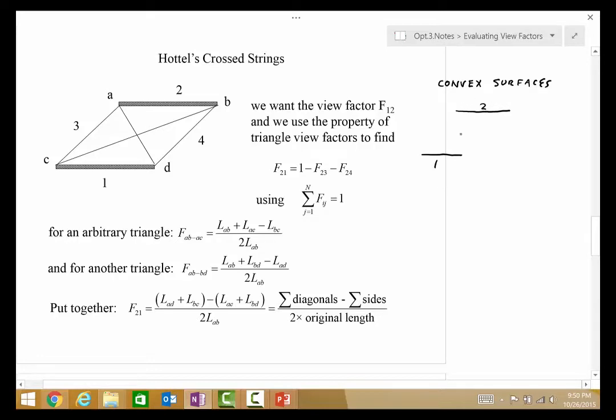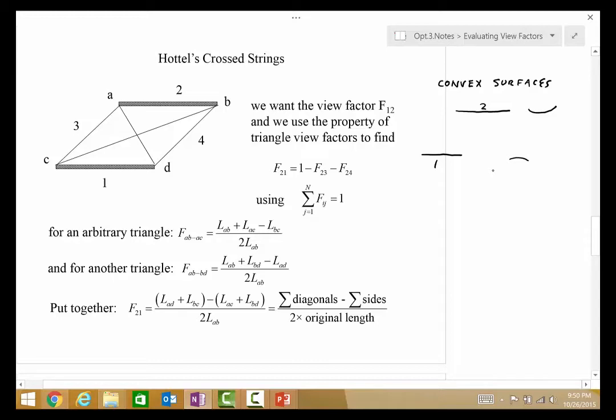It can be curved, but it has to be curved in a particular fashion. Because of this, for these types of surfaces, the surfaces don't see themselves, and by virtue of that, some simplifications are available.